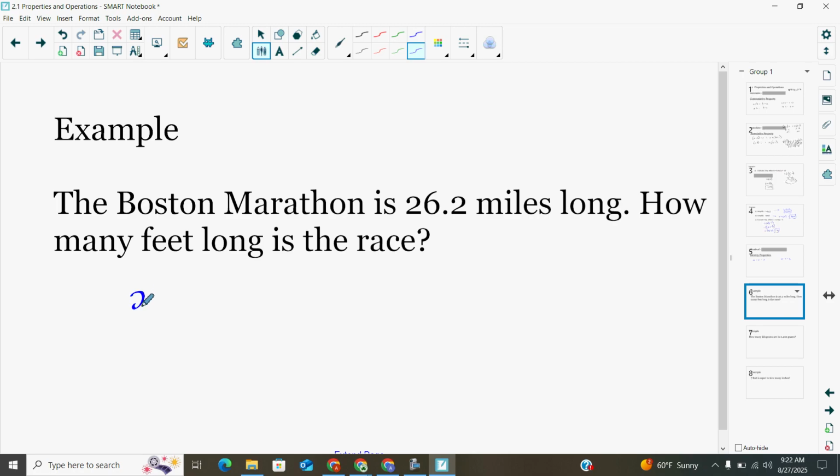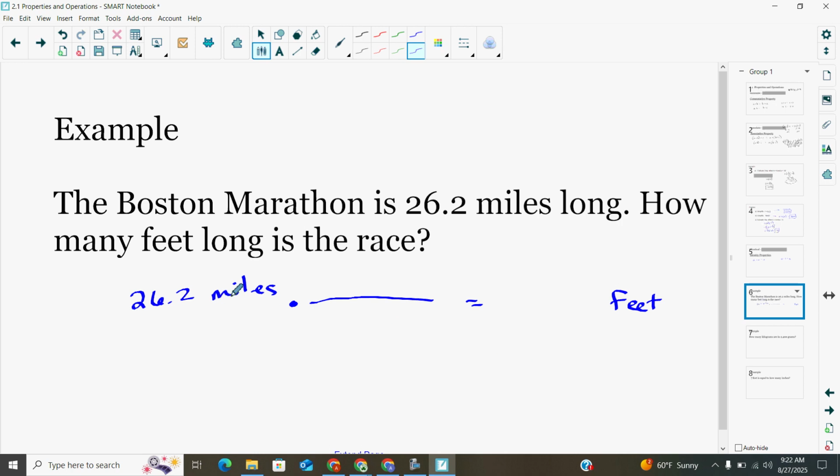To do that, we're going to take 26.2 miles, write that out, and multiply that by something. In order to cancel miles, I don't want miles in my final answer. I want my final answer to say feet.